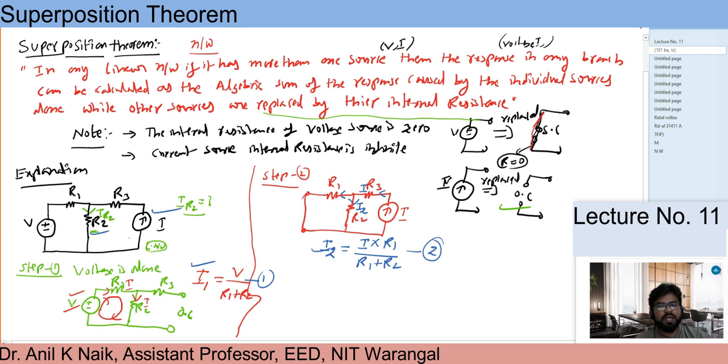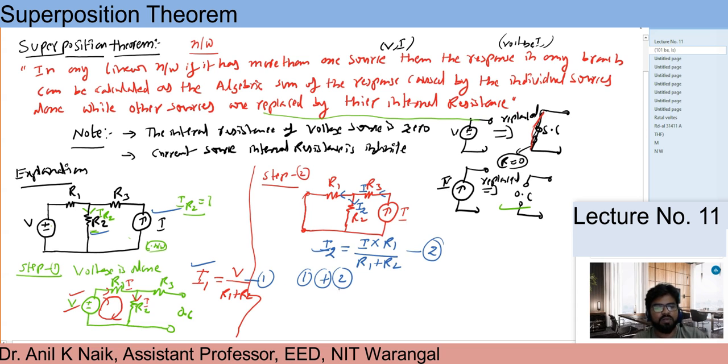So my total response in R2 can be taken as the algebraic sum of the individual responses acting on R2. Algebraic sum means adding equation 1 plus equation 2, which gives the total response in this R2 resistance.